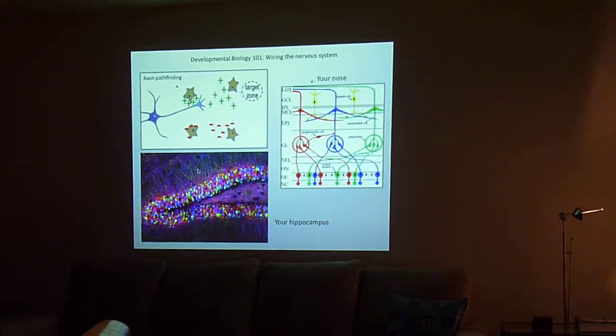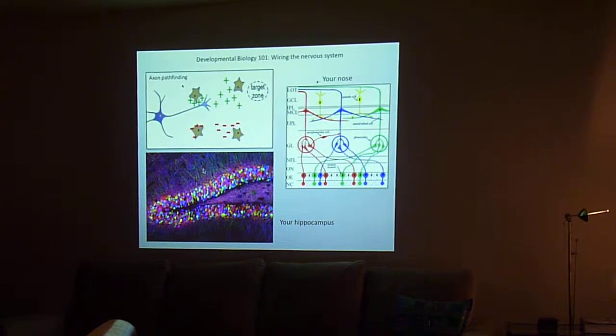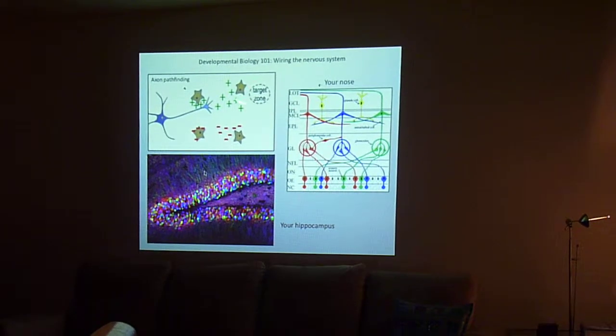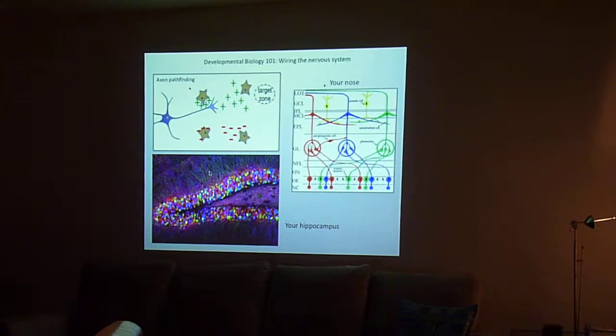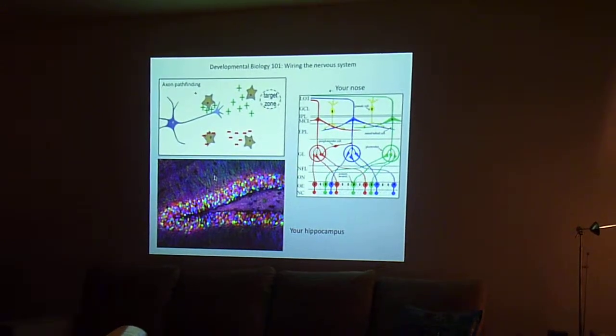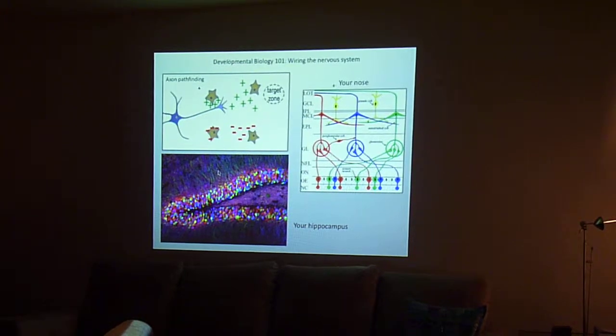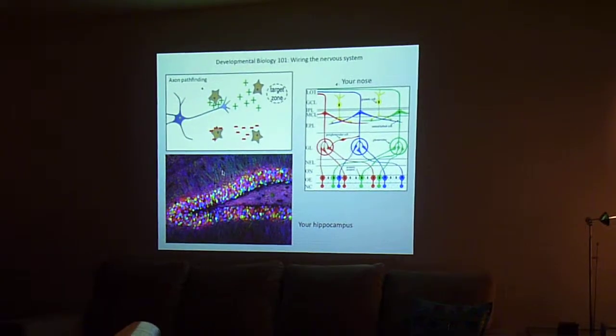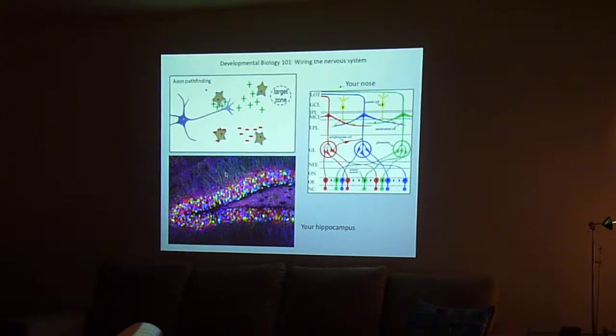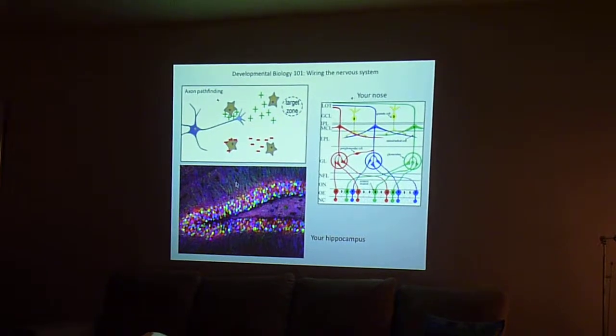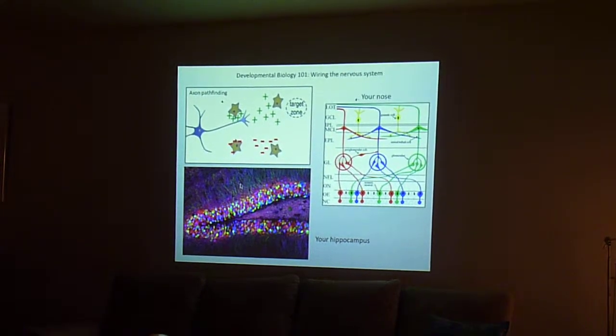So the nerve cells undergo axonogenesis, and then that axon has to find the right target. If we're going to wire our fingertips, those nerve cells have to grow out from the spinal cord and find the right finger and connect all that up with the brain, so I know that this is my finger.